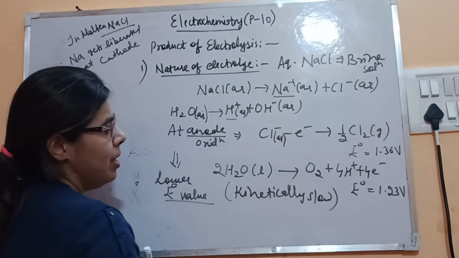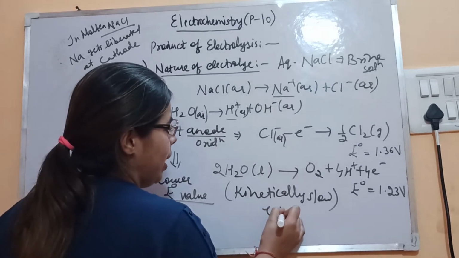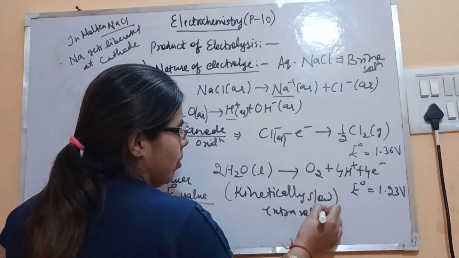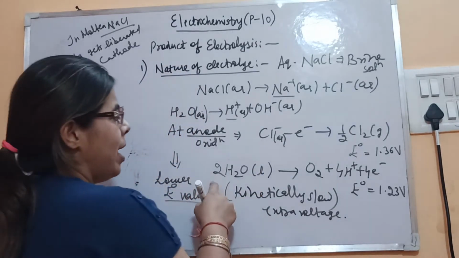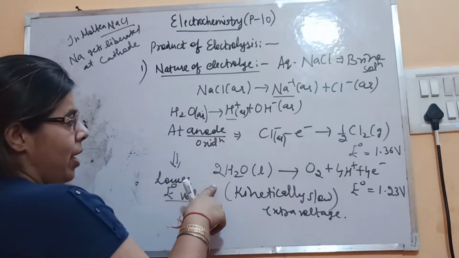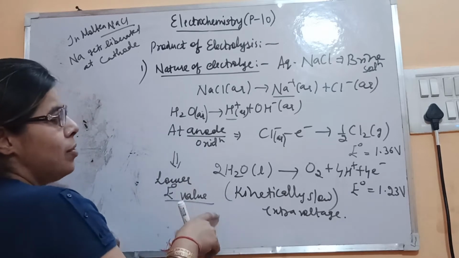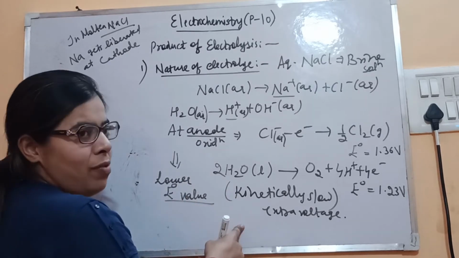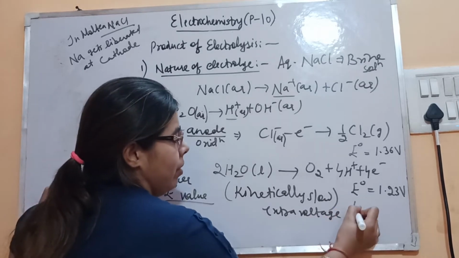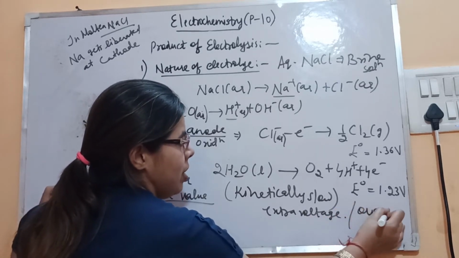Although it is feasible, it requires extra voltage. So according to E naught value, water has to be oxidized, but it is not getting oxidized due to its over or extra voltage, or over potential.